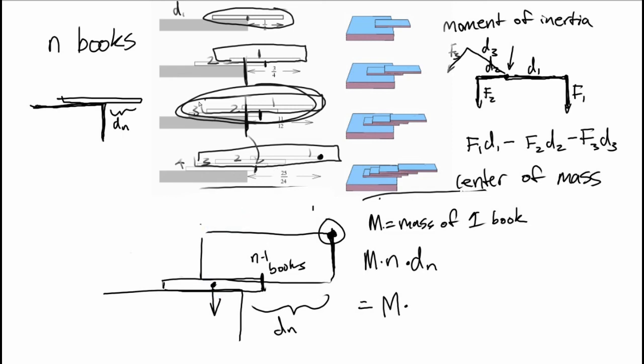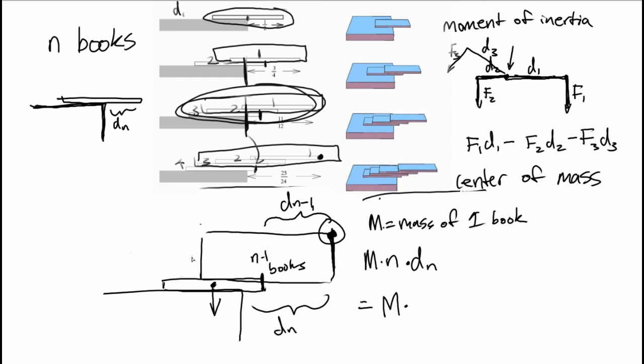Well, we know, based on the pattern we figured out before, that when you just slip a book underneath, you keep the entire configuration of the n books beforehand the same. So actually, this is d of n minus 1, because with only n minus 1 books, the edge of the table would actually be right here. This would be the edge of the table, and that would be d_(n-1).